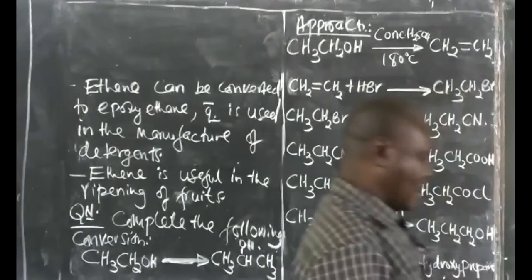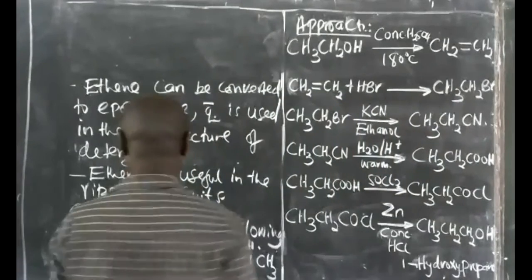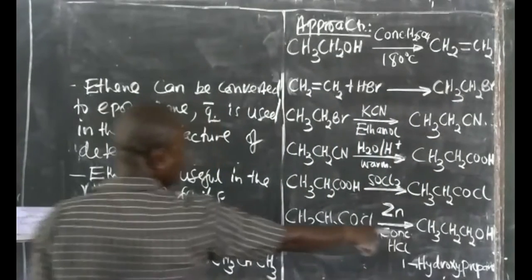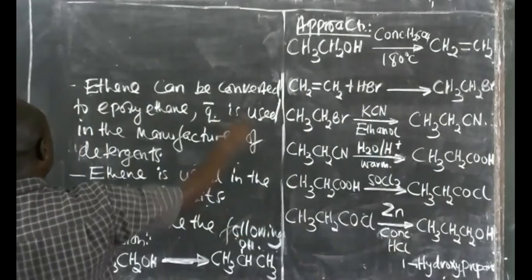So, after getting that one, we can now convert this one again, go backward, to an alkene.